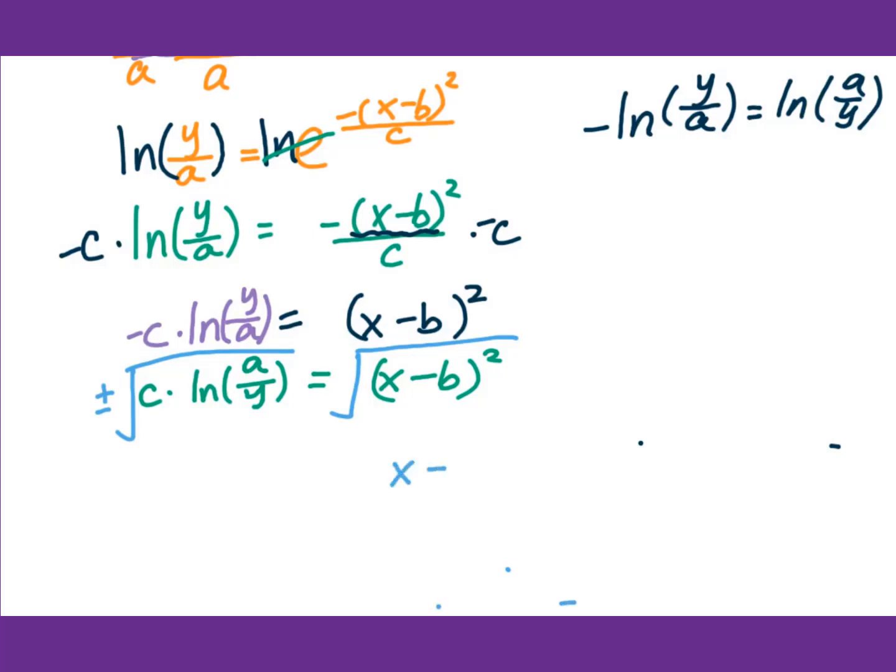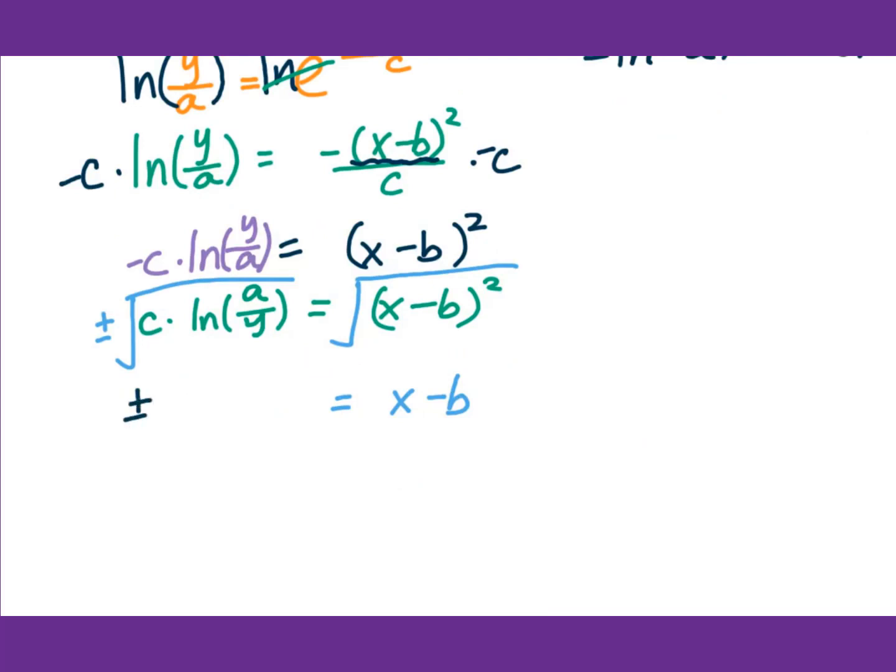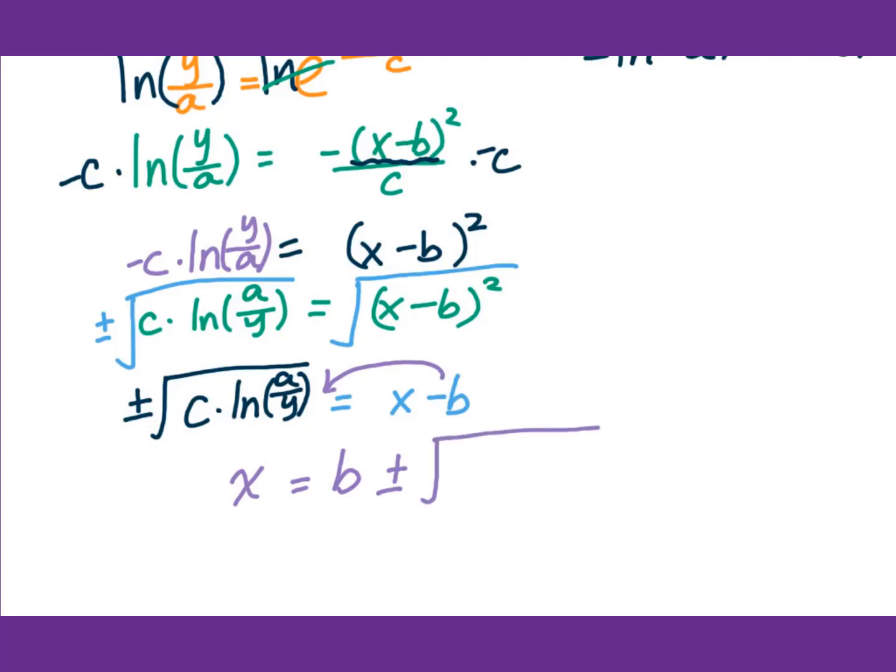So we get x minus b equals plus or minus square root of c times natural log of a over y. Then we add b to both sides. We got x equals b plus or minus square root of c times natural log of a over y.